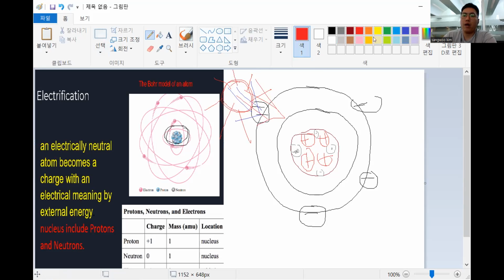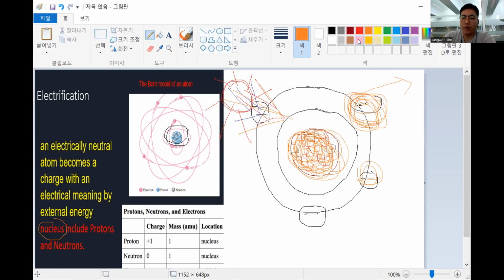You guys need to learn about the nucleus. The nucleus part is kind of heavy compared to these electrons, so generally this part doesn't move. The only moving part is these electrons. So if it's affected, an electron comes out.